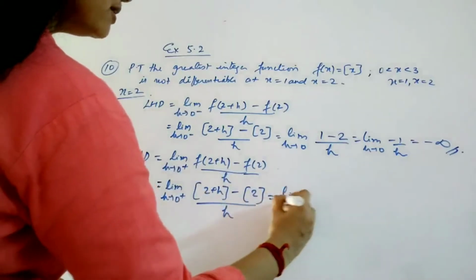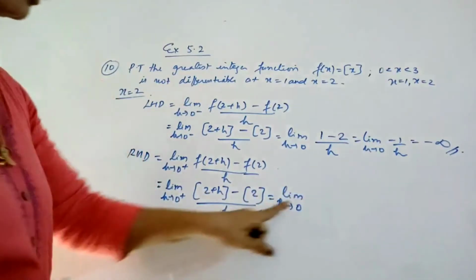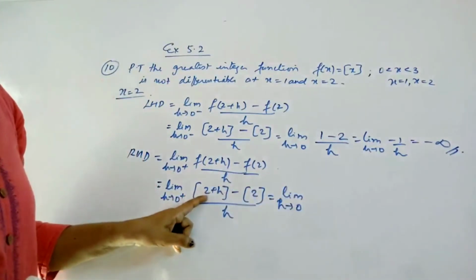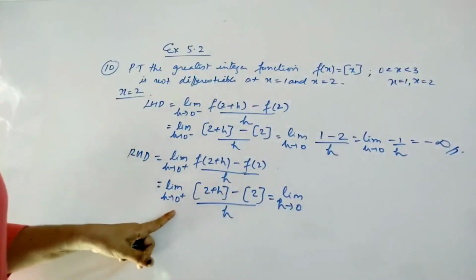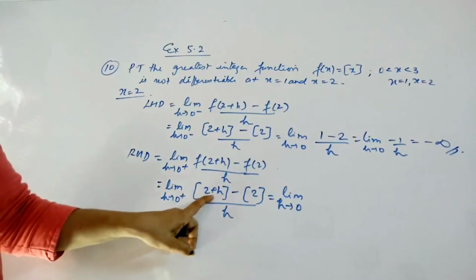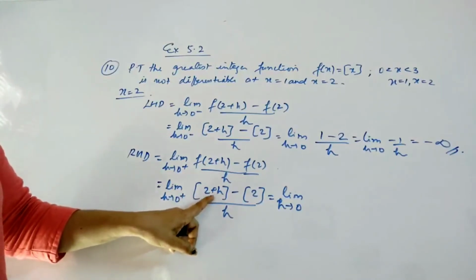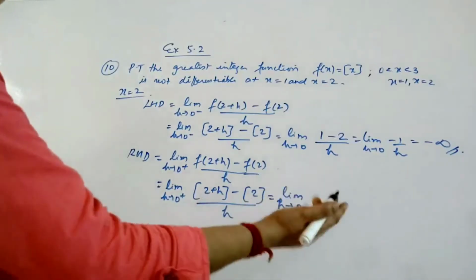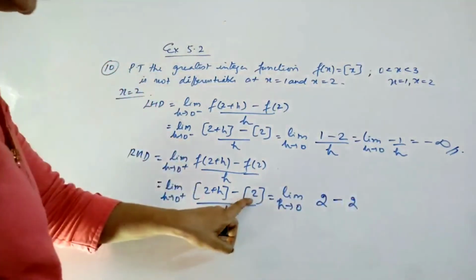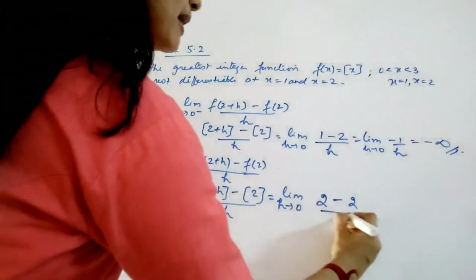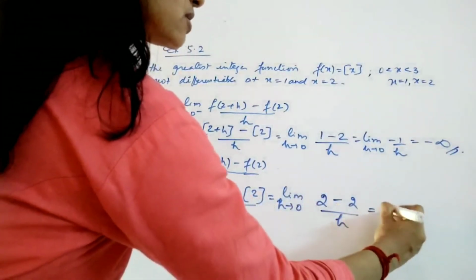Now I am writing the value of greatest integer of 2 plus h. Again it is from the right side of 0, means it is 2 plus 0 point something. It will give you 2 point something. 2 point something's greatest integer value will be 2 itself, minus greatest integer of 2, which is also 2, divided by h. And this is giving you actually 0.